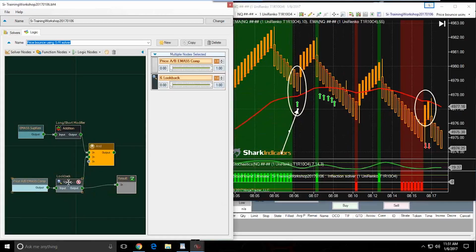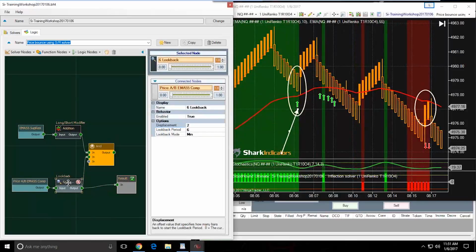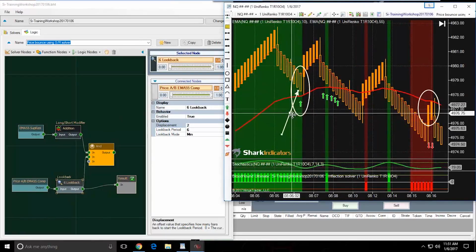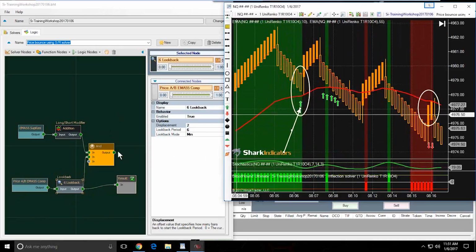There are a couple of ways. I could use the displacement in our look back node. Now you can see that our trend logic is plotting on the arrow where price gets close enough to our EMA.